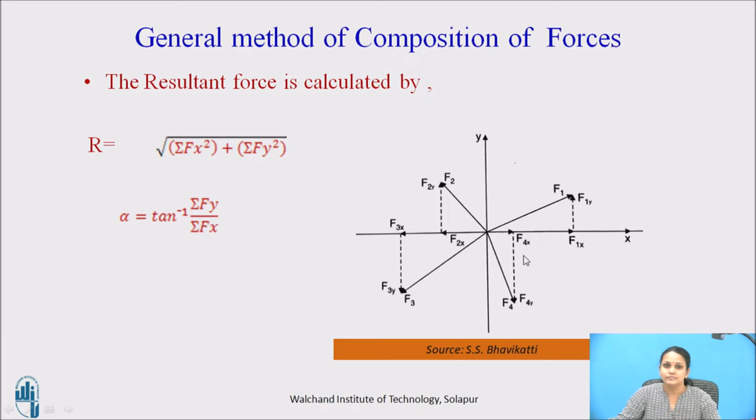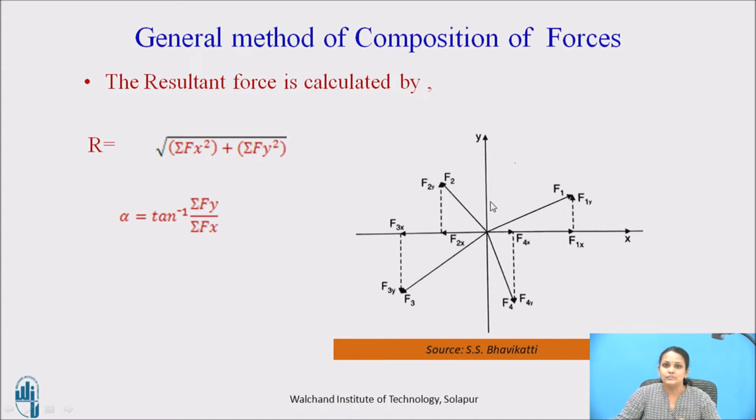So in this system, the forces F1, F2, F3 and F4 are acting in different quadrants. So we have to calculate the resultant of all these forces. What is meant by resultant force? It is a single force which will give the same effect as that of the forces acting on the body.